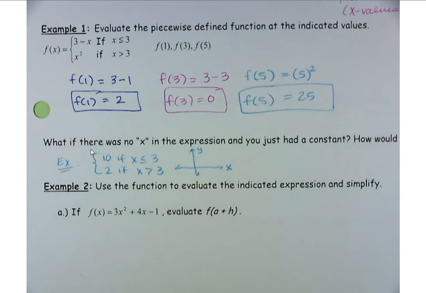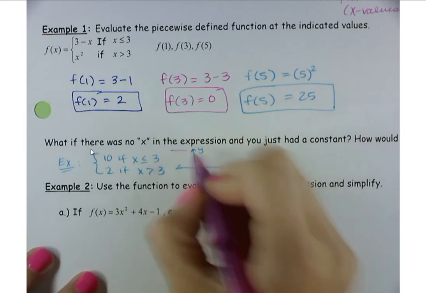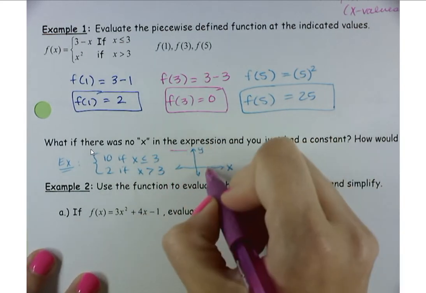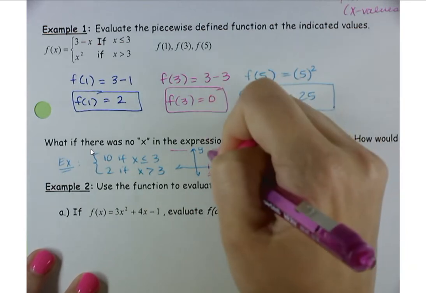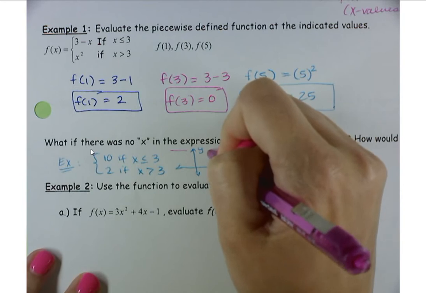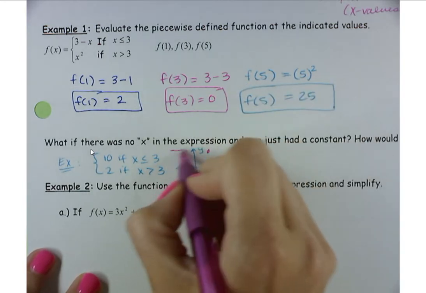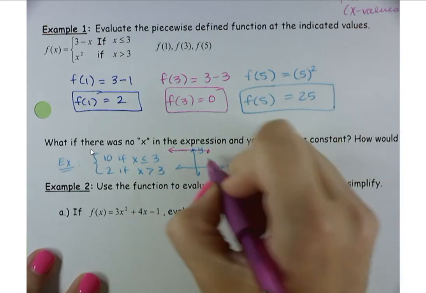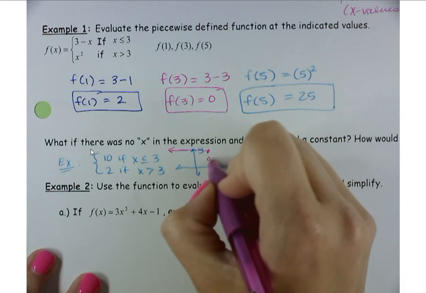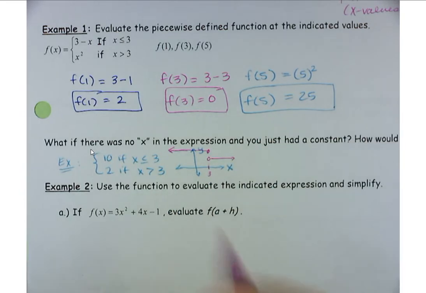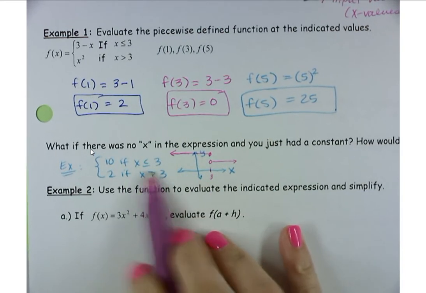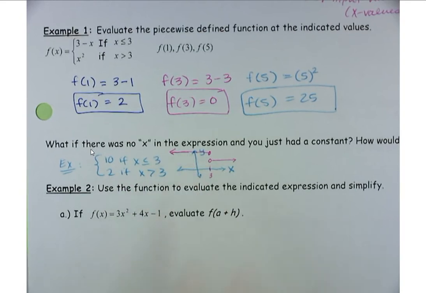So this would be y equals 10. Really, it should be a 3. We're going to graph them a different day, but I am going to do this correctly. Okay, so this is going to be a horizontal line, right? They're both going to be horizontal lines. Well, if I plugged in a value that was less than or equal to 3 and it was 10, what would my output be?